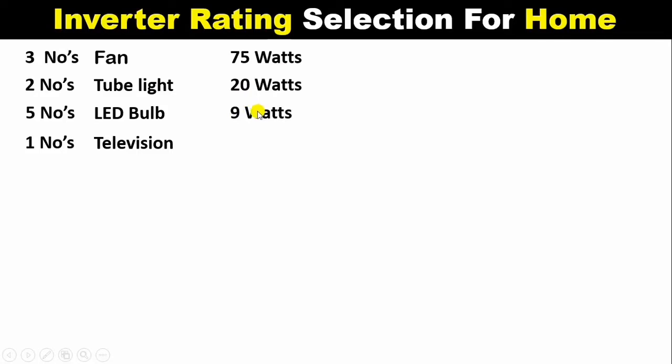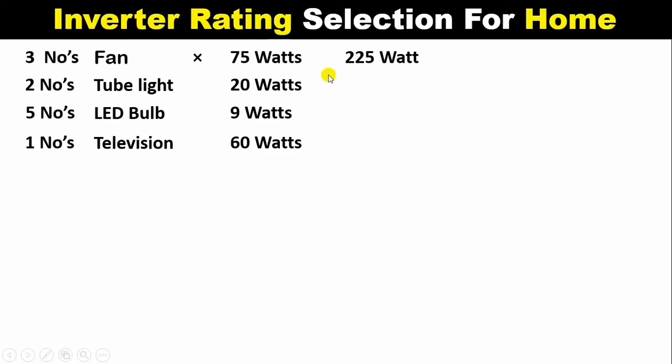So you then take the wattage of each of these devices and multiply them by the quantity that they are in the home. Then you take the total of it.